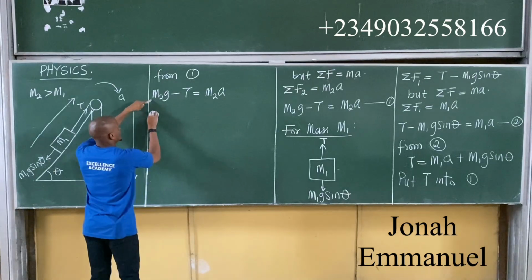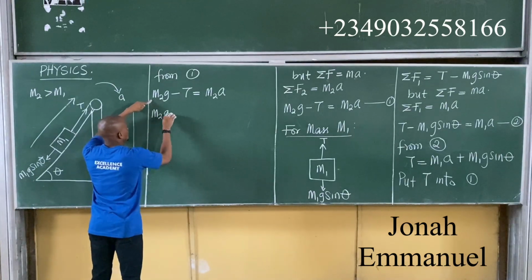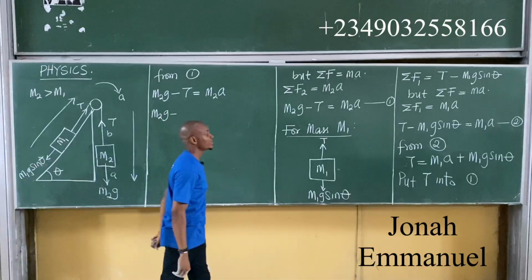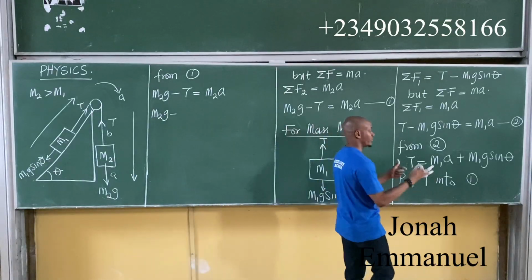It becomes M2g minus T, and personal advice, put T in brackets.